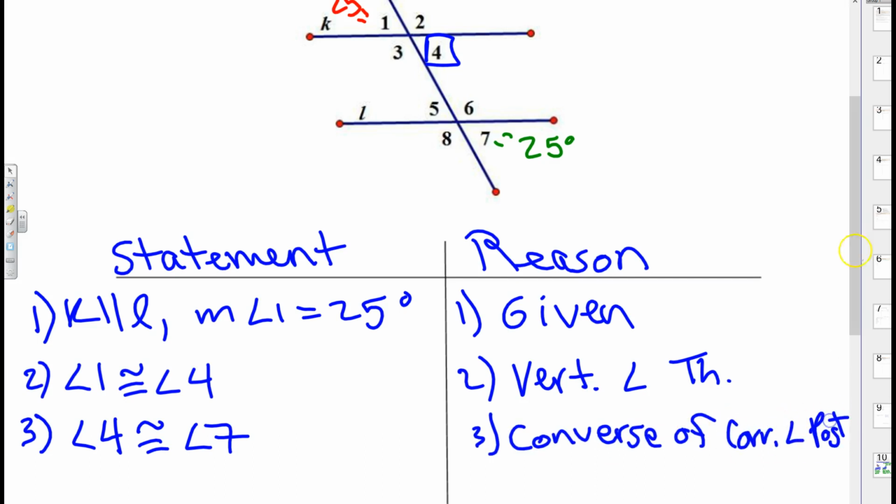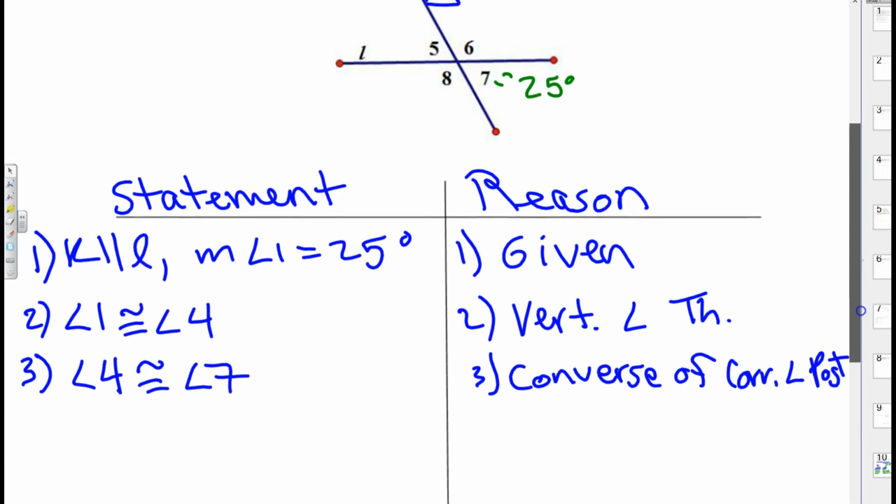That's our favorite thing right now, right? Corresponding angles postulate and its converse. Well, if I know that 1 is congruent to 4 and 4 is congruent to 7, therefore I can say that angle 1 is congruent to angle 7 by the transitive property of congruence.